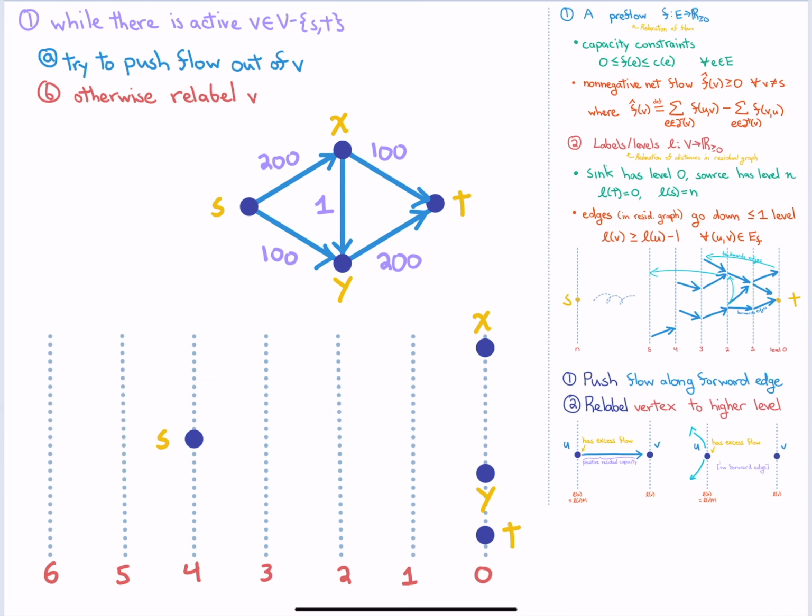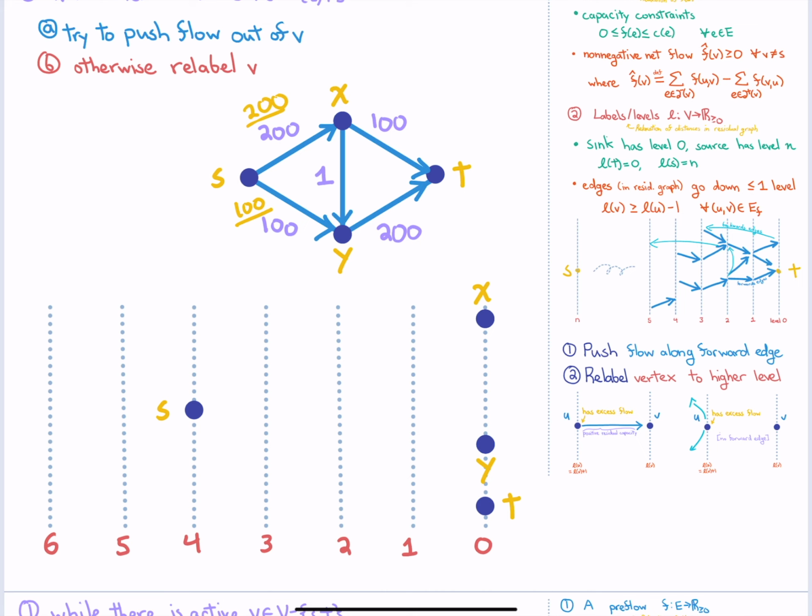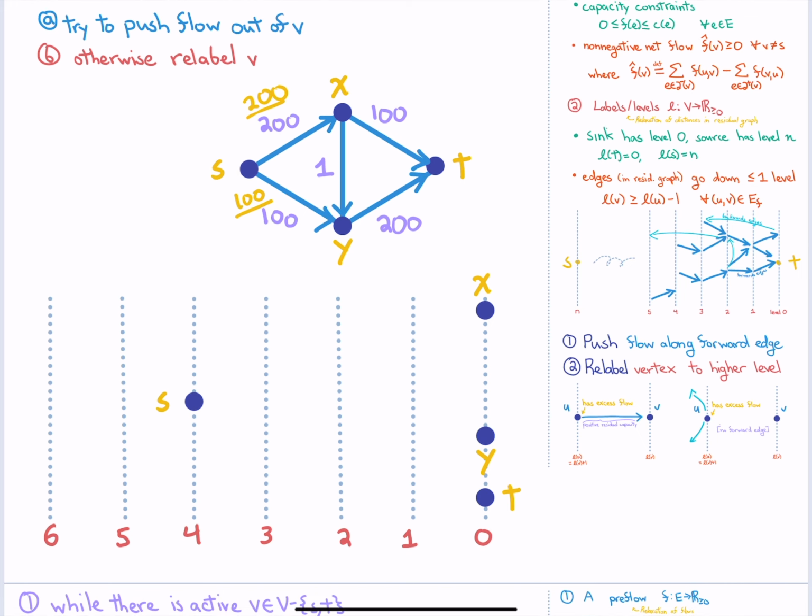The algorithm initially pushes as much flow as it can out of S. So it's going to send all 200 units of flow that way, and all 100 units of flow that way. Now let me draw the residual graph. X has 200 excess units, so I put a 200.